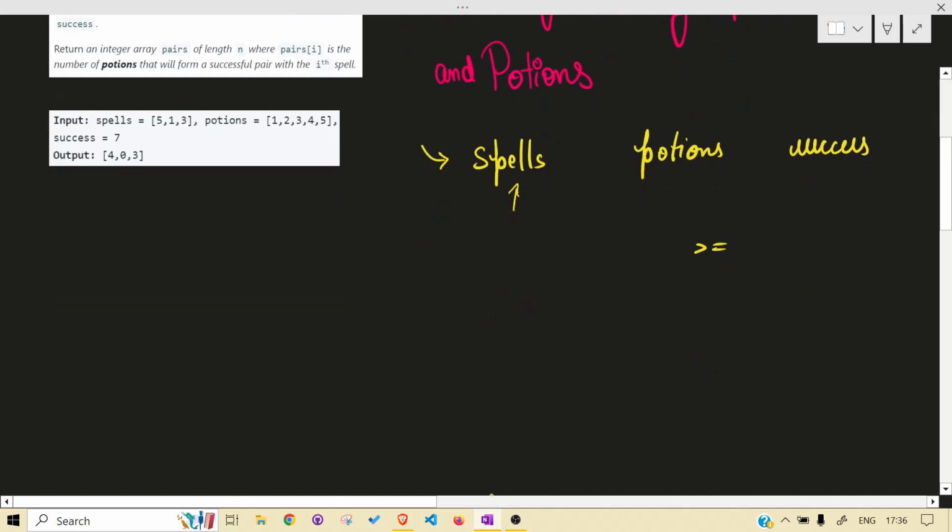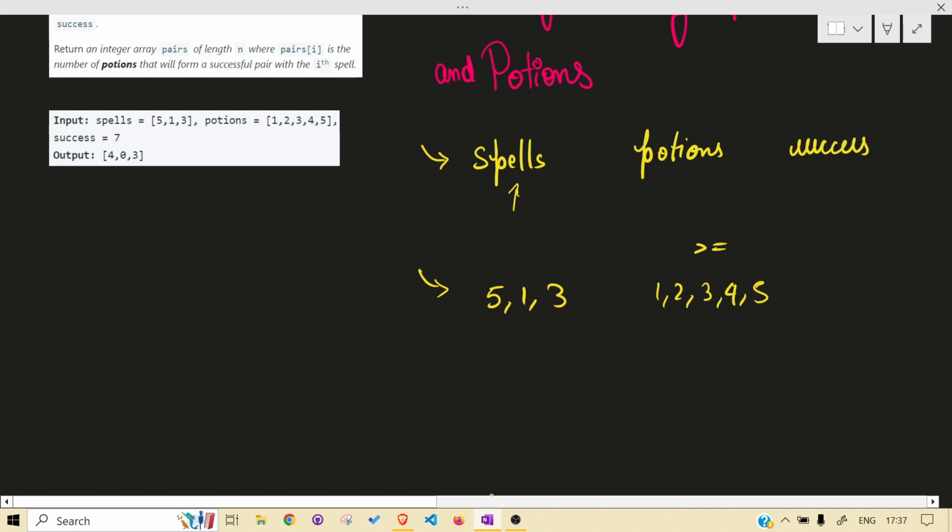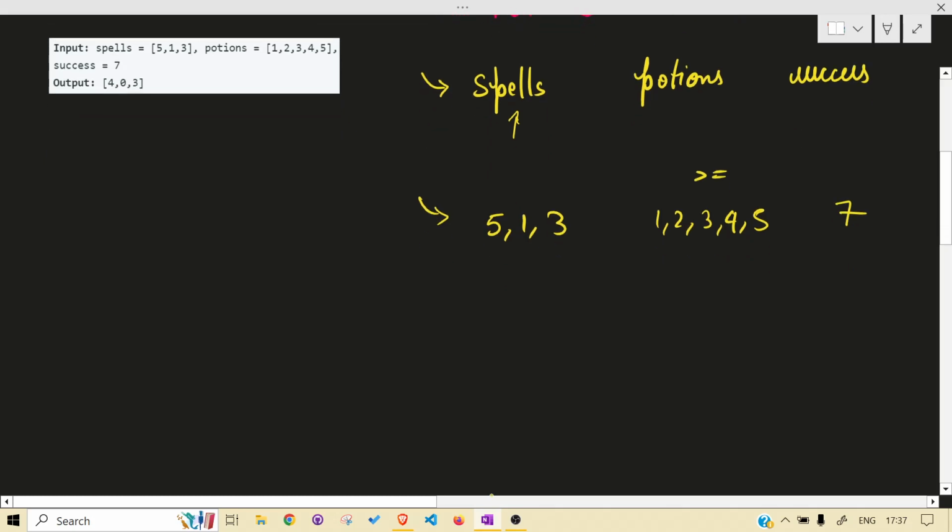So let's take an example to understand much better. This is the spell vector, and this is the potion vector, and this one is the success variable. We take any one spell, multiply with everyone in the potion, and see whether the product of those pairs is greater than or equal to 7.